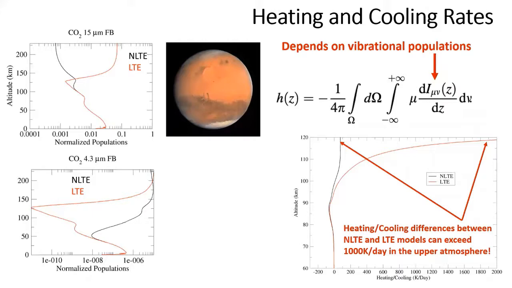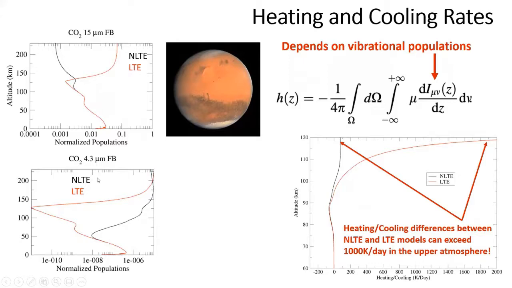So in addition to properly interpreting upper atmospheric emissions of planetary atmospheres, we can also use the non-LTE model to estimate the radiative heating and cooling rates for such atmospheres. The two figures on the left show the different non-LTE and LTE vibrational populations for the CO2 15 and 4.3 micron fundamental bands. So this is just a specific vibrational level transition to the ground state.